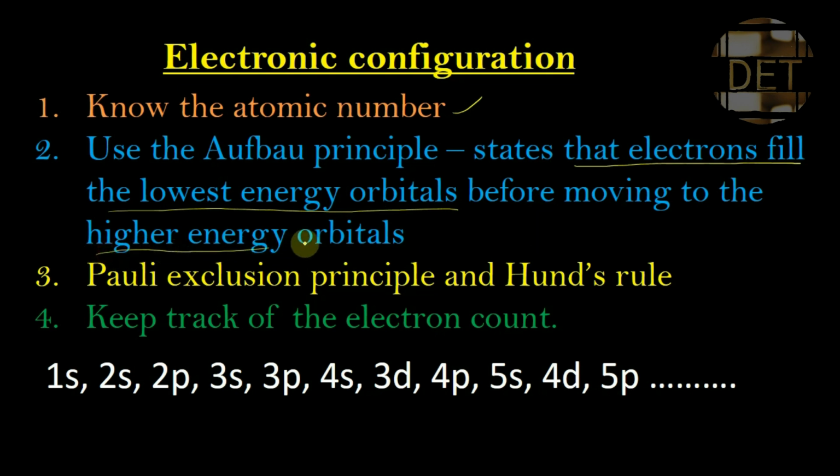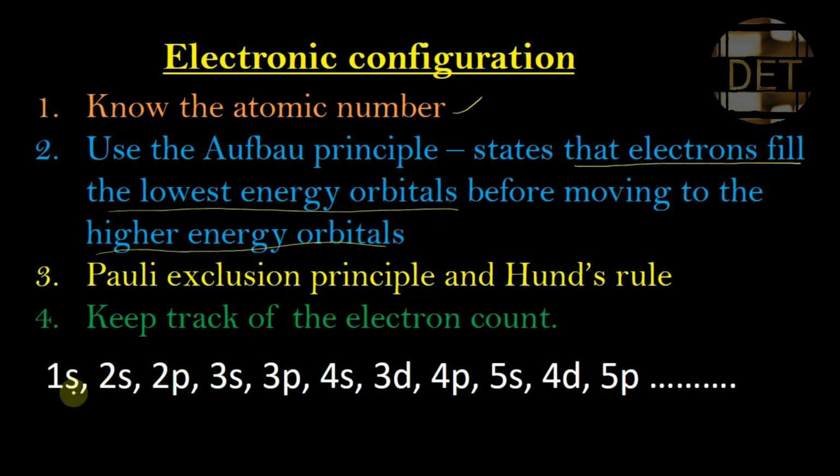So the filling of the orbital is from the lowest energy orbital to the higher energy orbital. This is what the Aufbau principle is all about. So when you are writing out the electronic configuration of an element, the lowest energy orbital must be filled first before you move to the higher energy orbital.